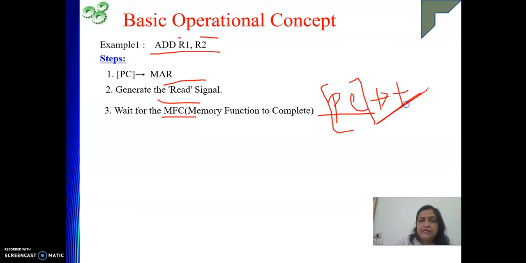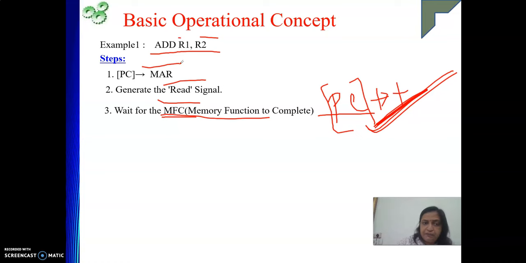Who can do the increment? ALU. ALU is now free. Nothing is there to do for ALU. So ALU will increment the content of PC. Right. So whenever we are waiting, that time there is nothing else to do. So PC content will be incremented, because what instruction to be brought from memory is already told to MAR. So we are not doing any mistake here.